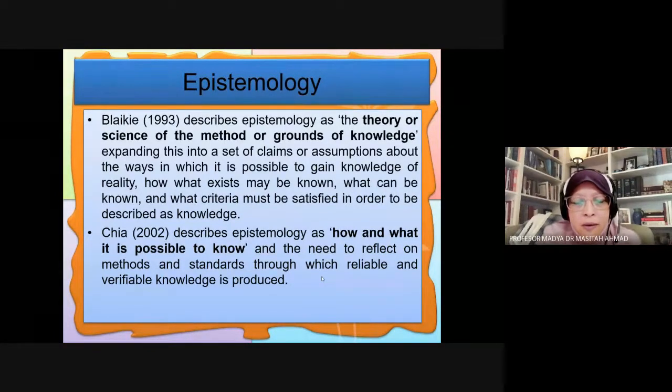So that's why we need to really make sure that whatever epistemology and ontology you decide to use in your research, it is in the method and the standard, and that it can be reliable and verifiable, because without it, the knowledge that you produce, we cannot accept it.